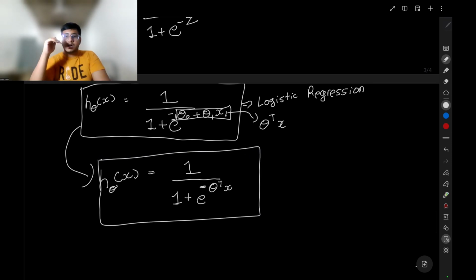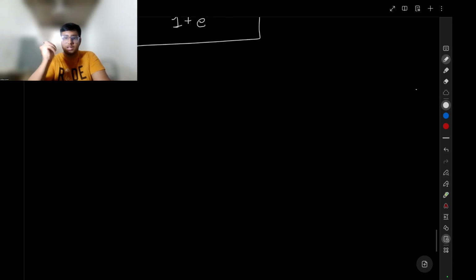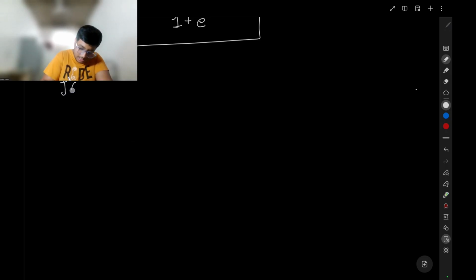Now let's calculate the cost function. If you remember the cost function of linear regression that we discussed in the earlier lecture, let's write it.